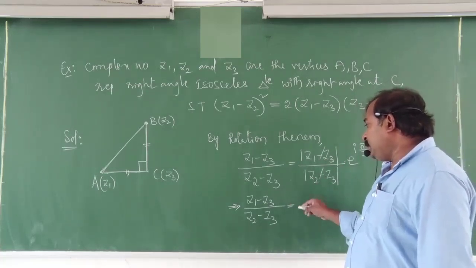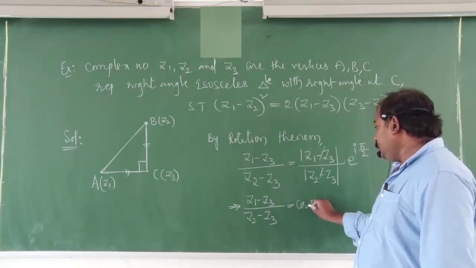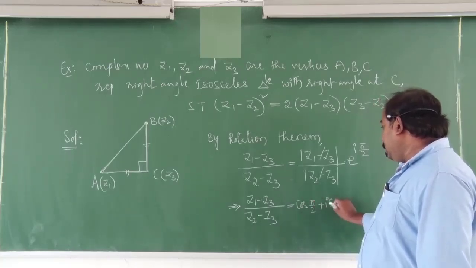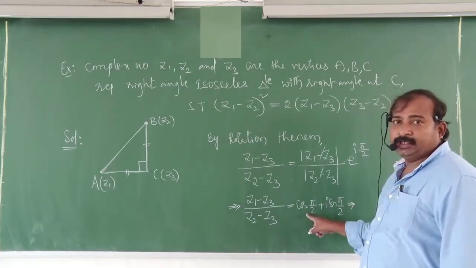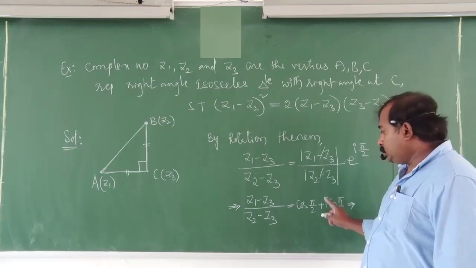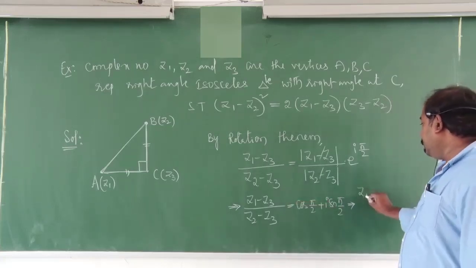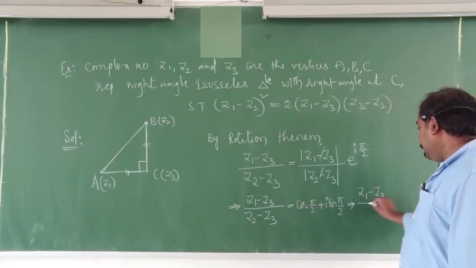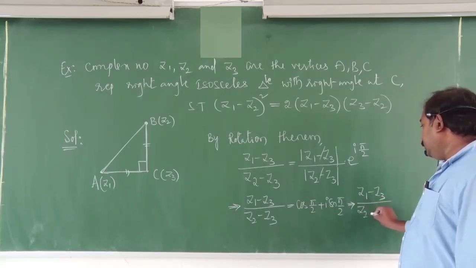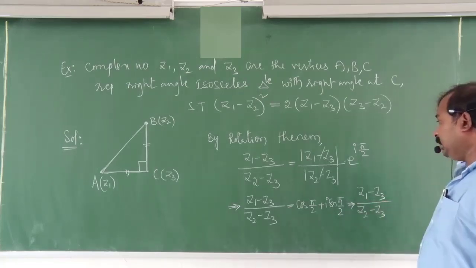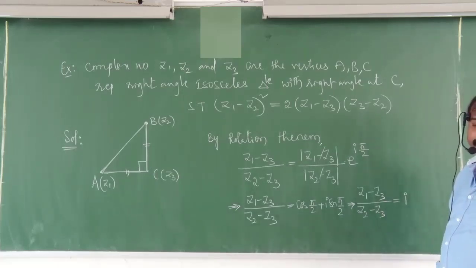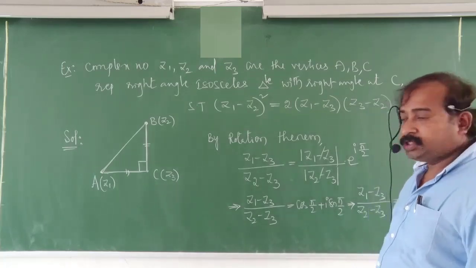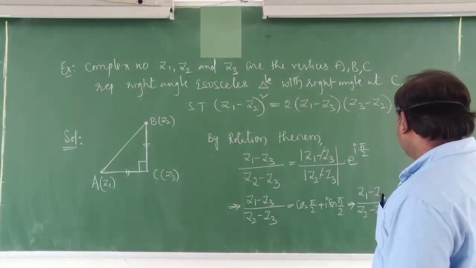Cos pi by 2 plus i sin pi by 2, where cos pi by 2 is 0 and sin pi by 2 is 1. So here you will get Z1 minus Z3 by Z2 minus Z3 equals iota. This is the value.